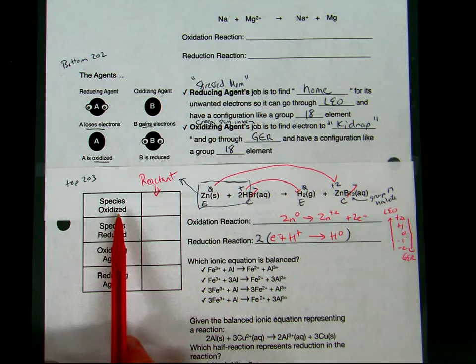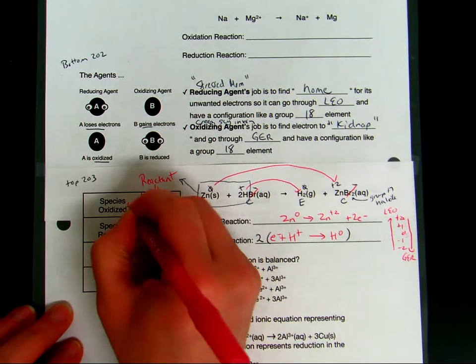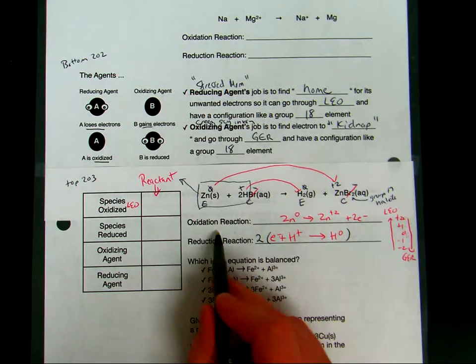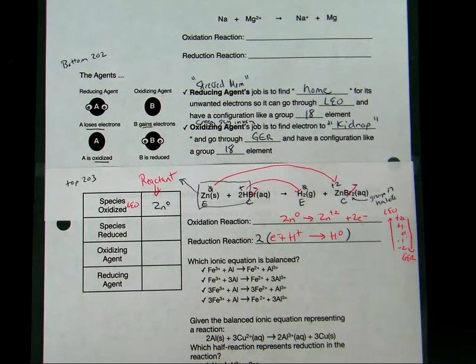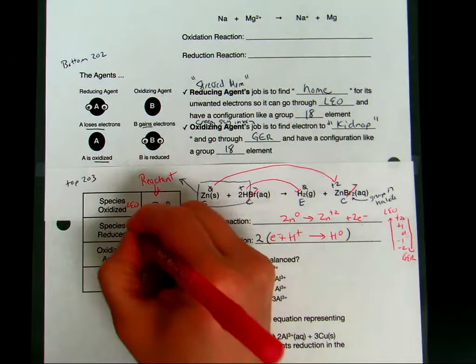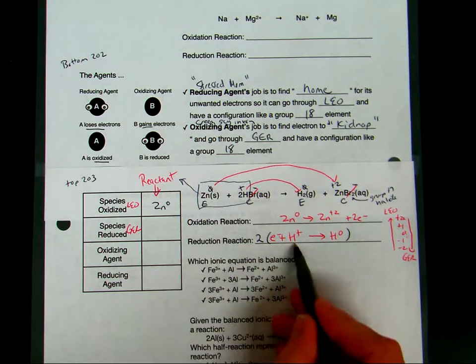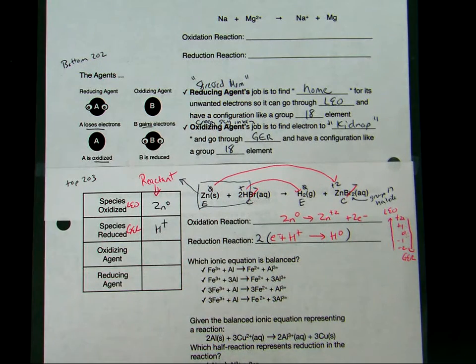So now, the species oxidized. So oxidized, that's Leo, right? So when I take a look at my oxidation reaction, Zn0 went through oxidation. The species reduced, that is GER, and I take a look at my reduction, the H plus gains the electrons.